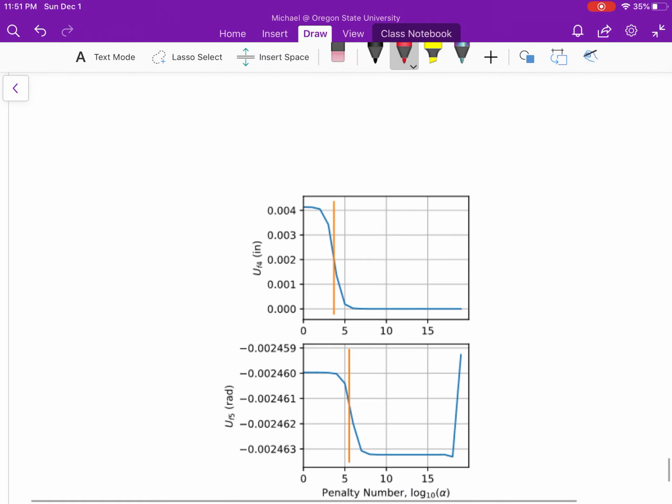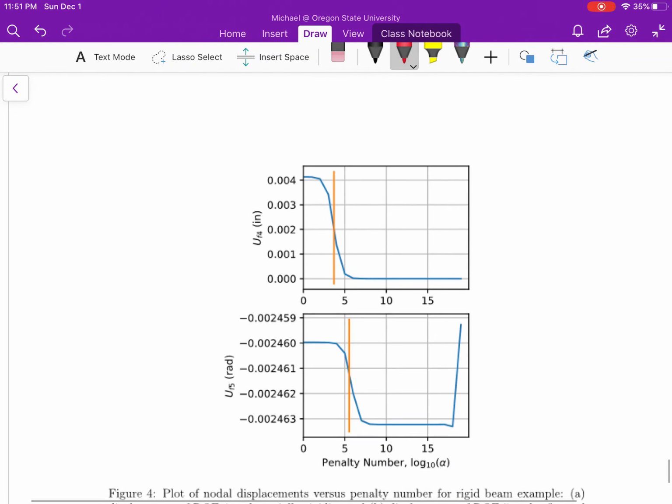So what I've plotted here is the UF4 and UF5 displacements, which are the axial displacement at the free end over here, that's UF4, and then this rotation UF5 down here, for increasing penalty numbers.